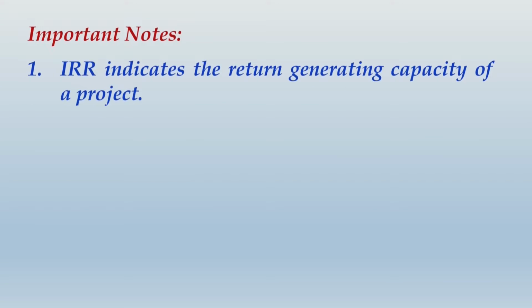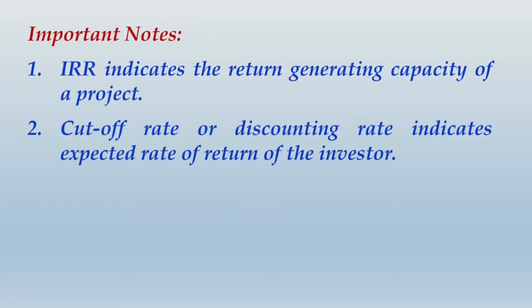So point number 1 over here, IRR indicates the return generating capacity of the project. Cutoff rate or discounting rate indicates the expected rate of return of the investor. You should never forget that the cutoff rate or discounting rate is what investor is expecting, and IRR is what the project is capable of providing as rate of return.